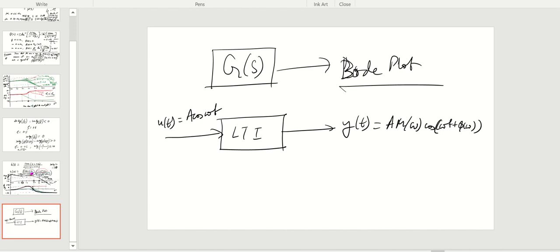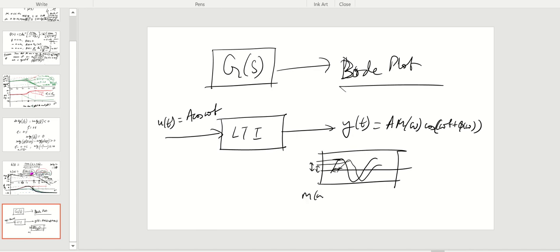So you measure the phase shift on an oscilloscope. If this is your input waveform, and this is your output waveform, of course the frequencies are the same as it's an LTI system, then this tells you phi at that particular omega, and the ratio of the output level to the input level will tell you M(omega).